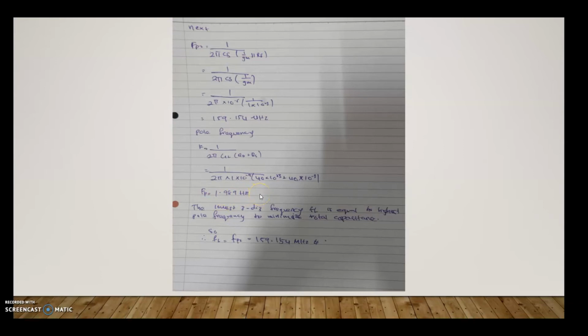So for the lowest frequency, FL is equal to the highest pole frequency for minimizing the total capacitance. So FL equal to F2 equal to 159.154 megahertz. So that's all for question B.